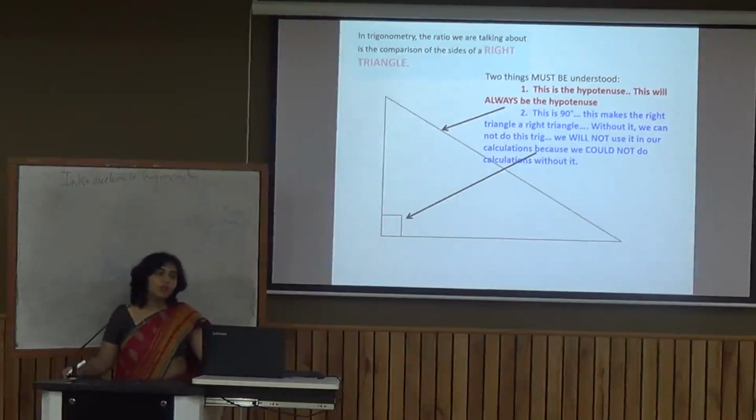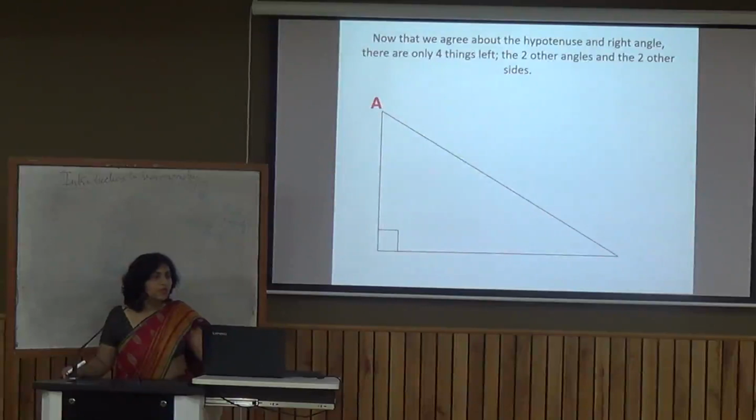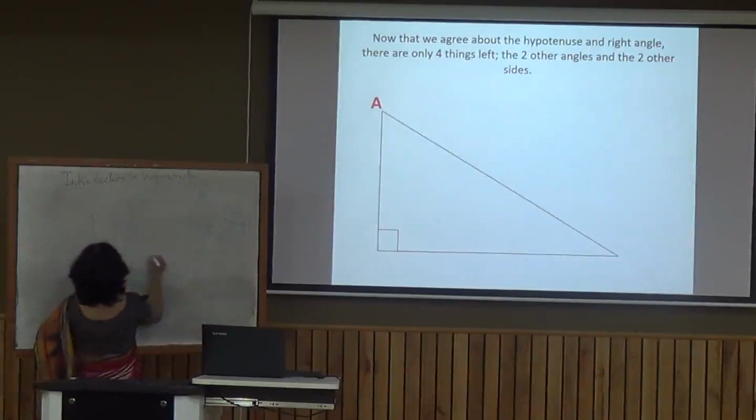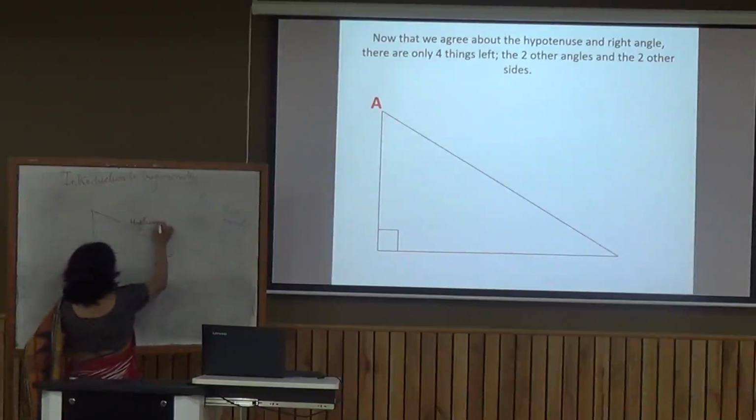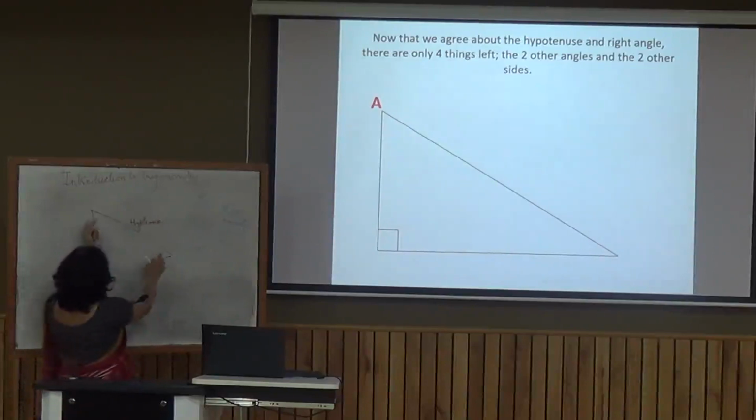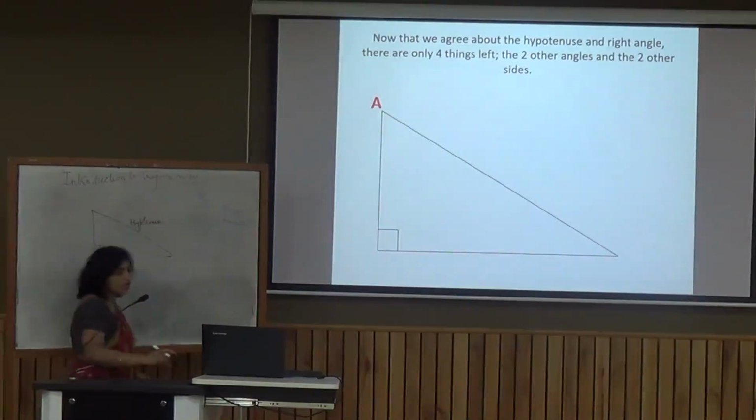We will not be using trigonometry without a right angle triangle. Now let us see, there are two sides. When we have a right angle triangle, this is 90 degrees and this is the hypotenuse. Now we are left with two angles and two sides.